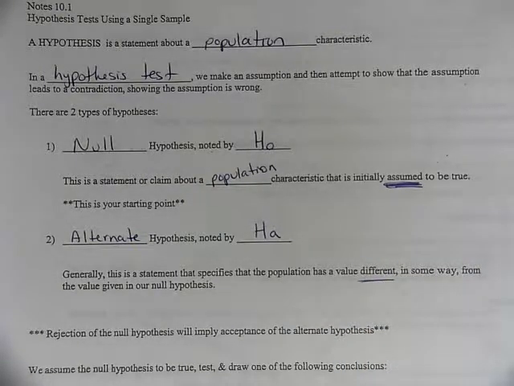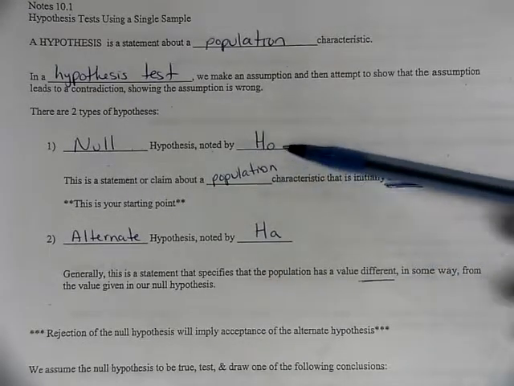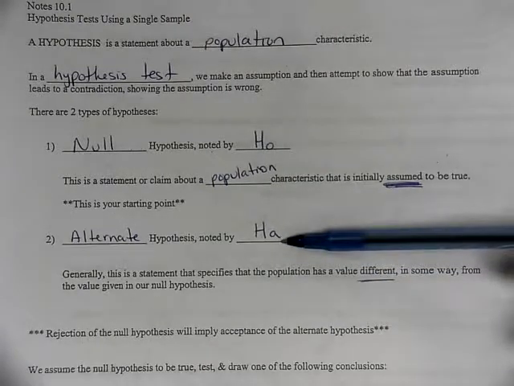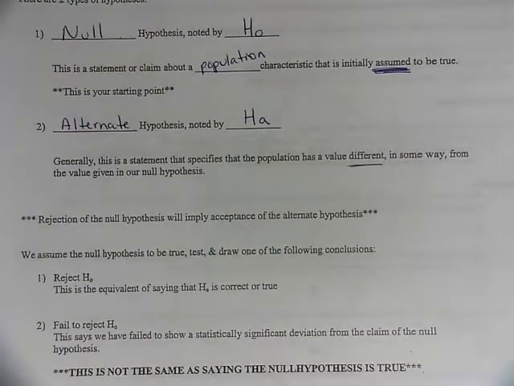So usually the alternate is either greater than, less than, or not equal to, if we're looking at some value. So we always have two of them in a hypothesis test. We assume one's true. We're trying to contradict it by proving the other one's true. So what we try to do is we reject the null hypothesis, which means we then accept the alternate.